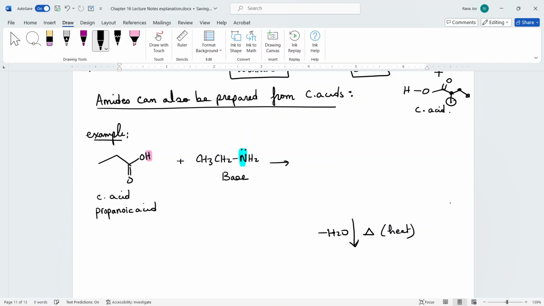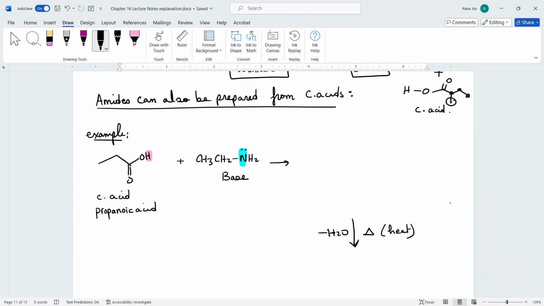Okay, and this acid over here, it's not very reactive. So if I want to compare a carboxylic acid versus derivatives of carboxylic acids, the derivatives of carboxylic acids are way better in order to make amides in there.